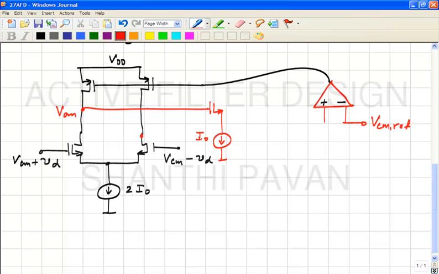I've just chosen a current I naught. In fact, there is no holy grail asking you to choose this to be I naught. I just chose it to be I naught because it avoids me having another symbol. So this is the voltage controlled voltage source, incremental voltage controlled voltage source.